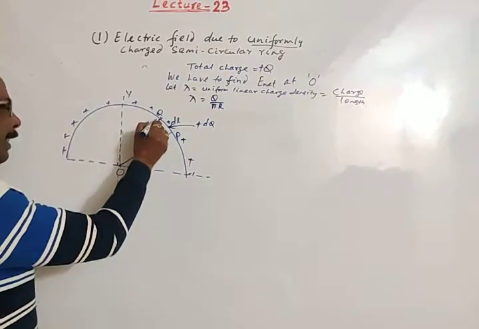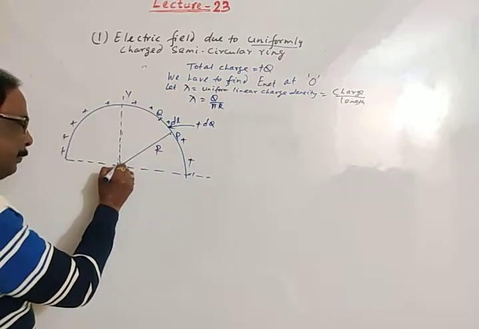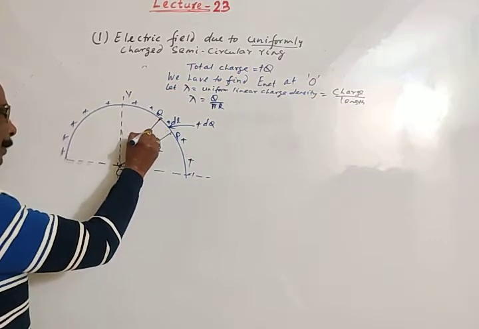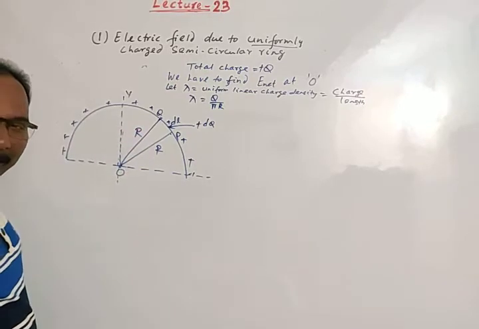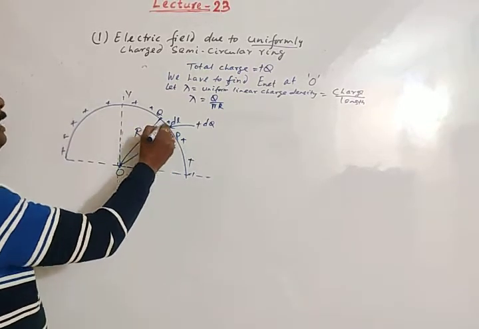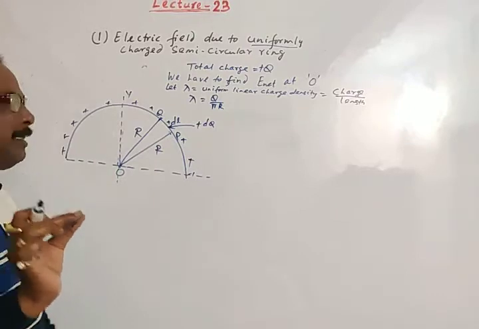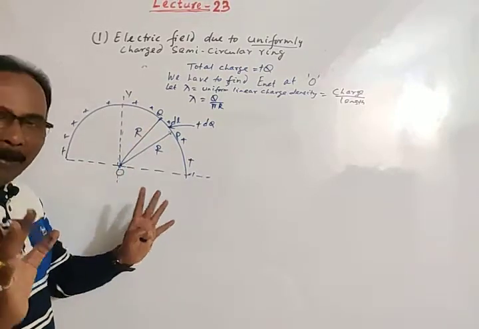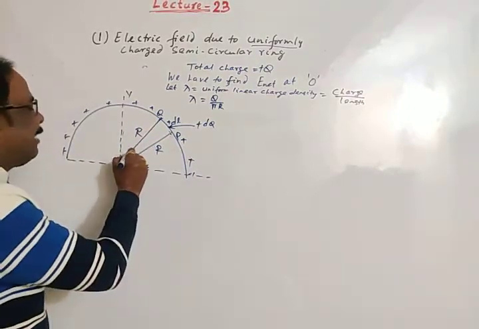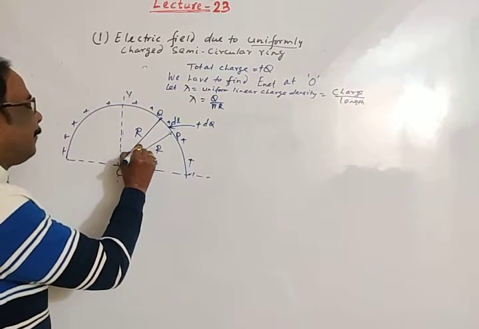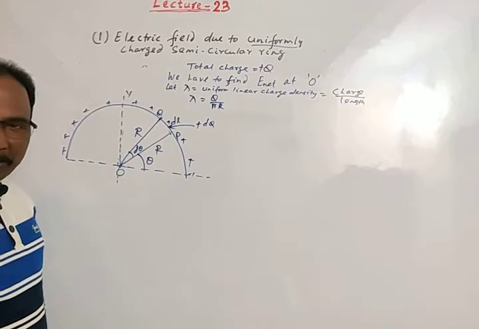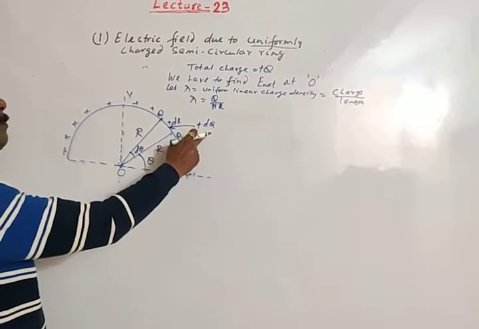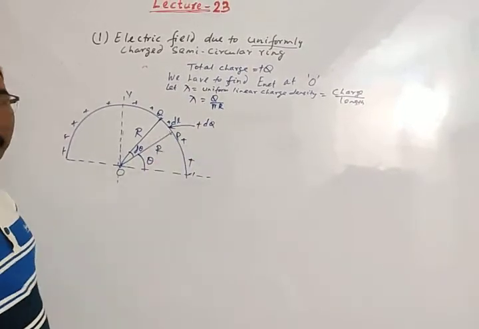Join from P to O, also from Q to O. This is also R, radius of the ring. Since PQ is elemental length, dl is very small. Let this angle be d theta, and this angle be theta. These are assumptions. Then first we have to find what is dq.